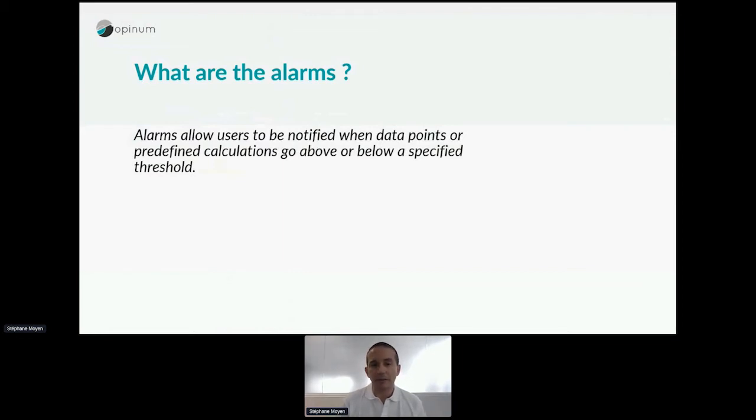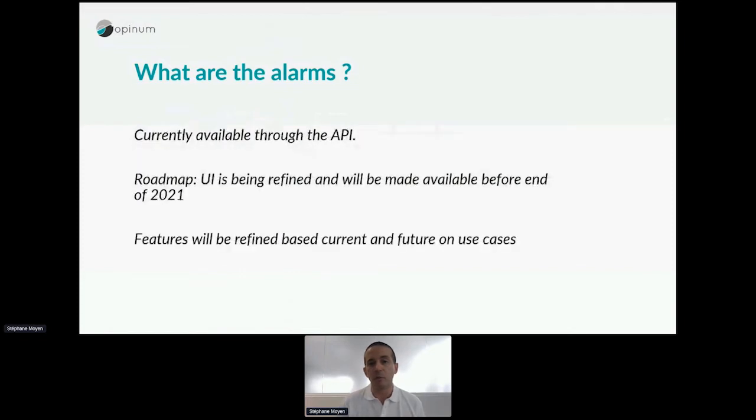So basically, those alarms have been available for a while through the API in Data Hub already. So you may have been using them for a while. In our roadmap, we have a user interface that is being refined as we speak, and will be made available before the end of this year.